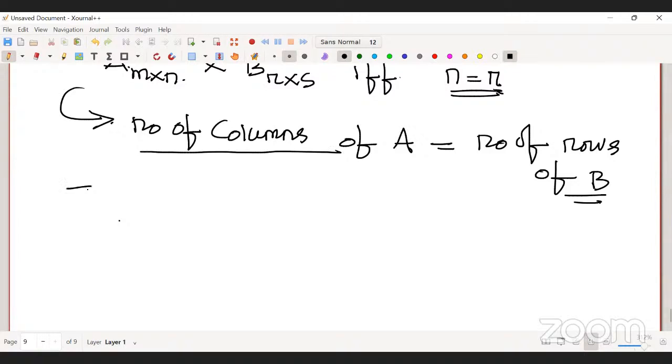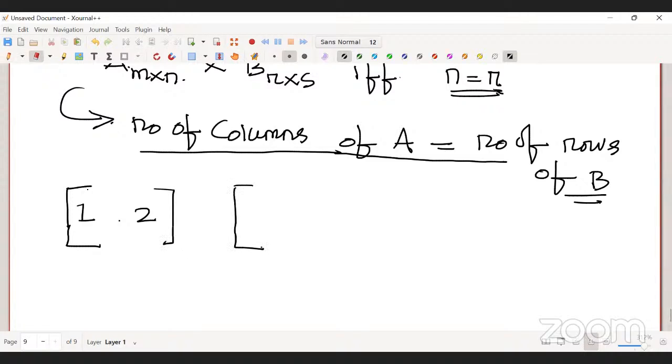Let me take an example where this condition holds. Let's say 1, 2. This is a 1 cross 2 matrix. So I have to take a matrix where the number of rows is 2, then only I can multiply with this A. So let's say 2, 2, 1, 2.